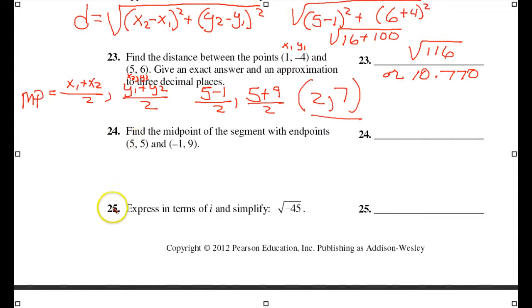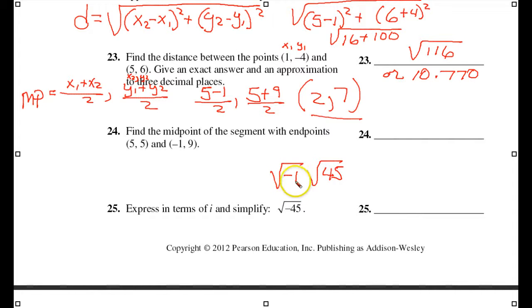Now, as we jump into number 25, we're going into complex numbers, imaginary numbers, where we are allowed to have a negative under the radical sign if it's squared. And we simply convert that, you may recall, to a negative 1 times the square root of 45.